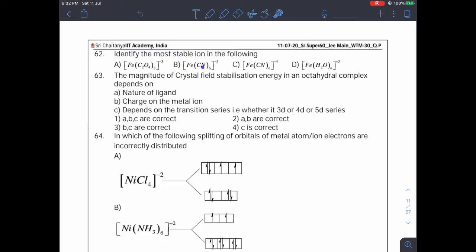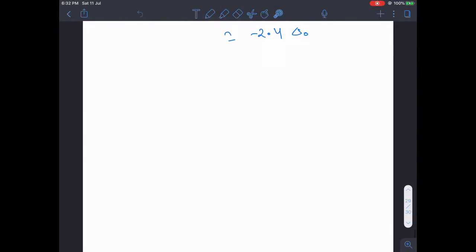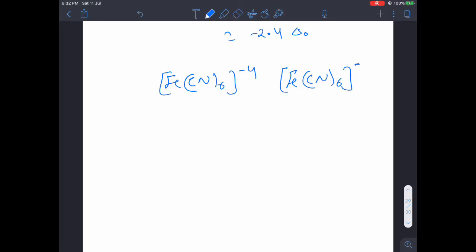Now, if you compare these two, they are very, very difficult, because in one case we have iron, that means Fe(CN)6 with overall charge minus 4 and Fe(CN)6 with overall charge minus 3. In one case we have +3, in one case we have +2.